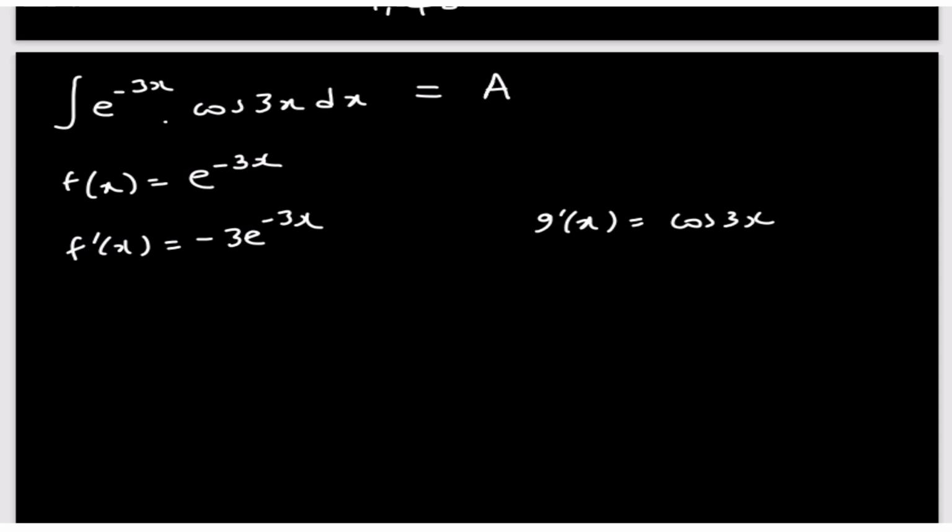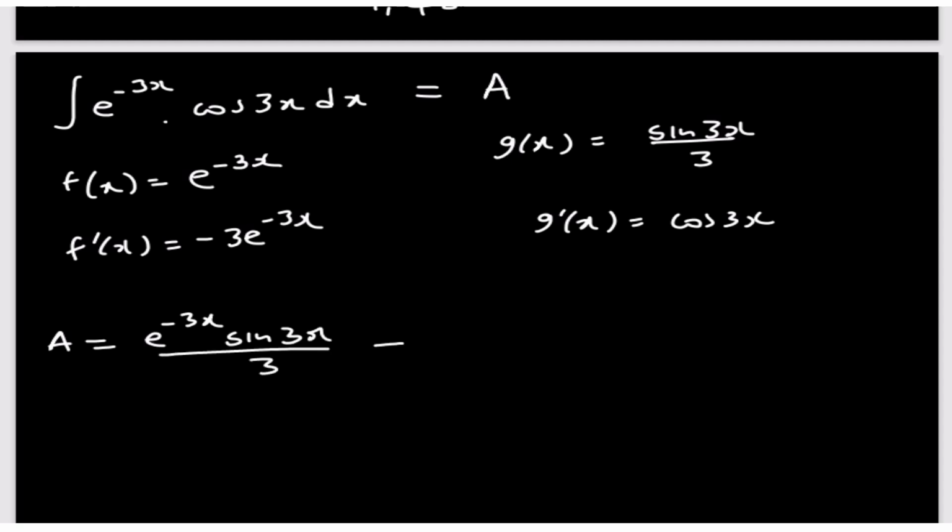What is the integral of cos? It's positive sine 3x over 3. Now the answer for A is f of x times g of x minus integral f prime of x g of x.